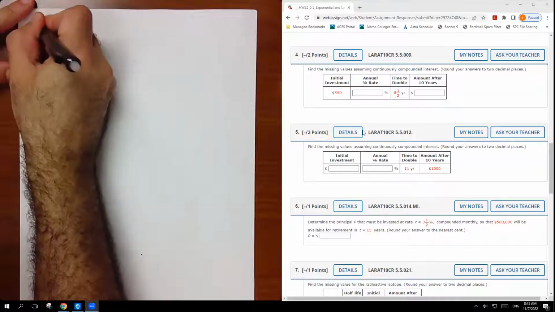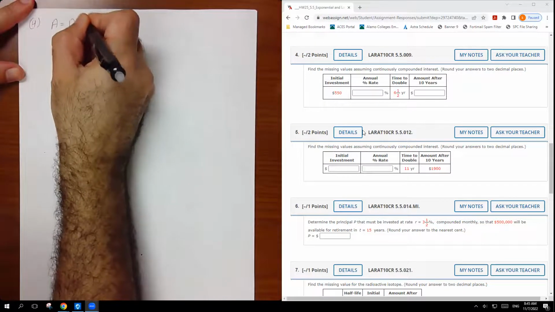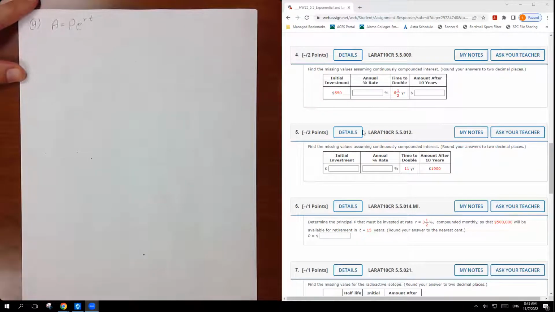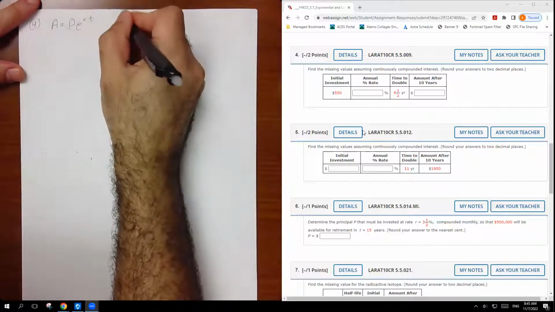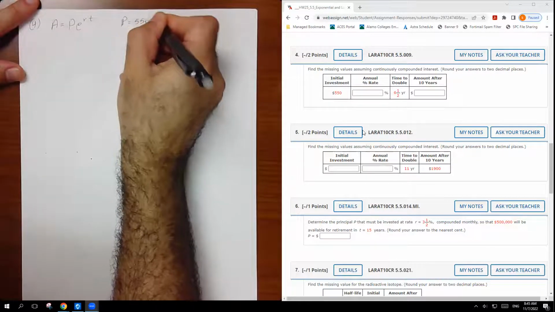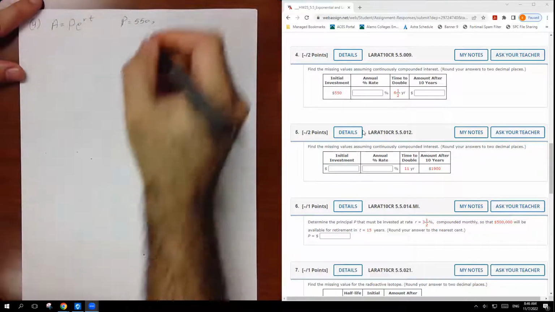So I'm going to use this formula, A equals P e to the rt. Let's check what we have. We have the initial investment is 550. And we have the time to double is 6.5 years.